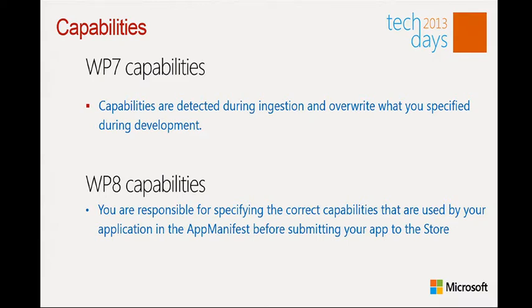Windows Phone 8, it's not the case anymore. In Windows Phone 8, it's really a contract between you, your app, and the store. You must declare precisely what kind of capabilities you are using in your application. If you put something wrong there, the application will be rejected in certification, and they will say, you declared that you are using the location-based services, but you don't use it in your app.